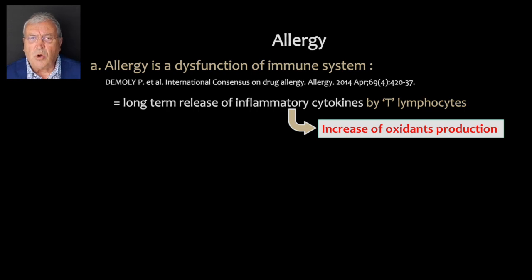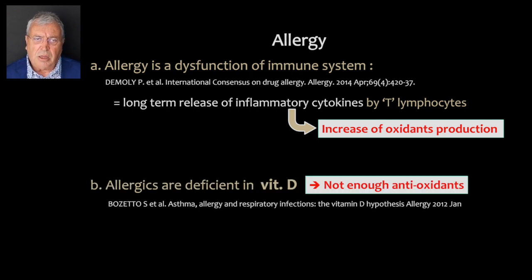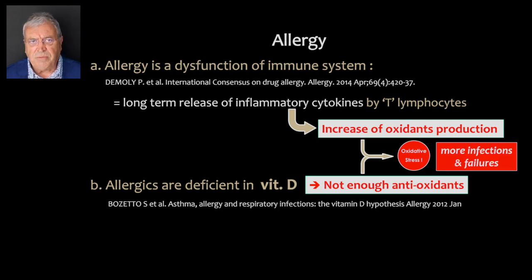We will increase the oxidant production. At the same time, allergic patients are deficient in vitamin D. And we know that with a deficiency of vitamin D, they will not be able to produce enough antioxidant. And then the conclusion is very simple. They are in oxidative stress and they will meet more infection and failures.